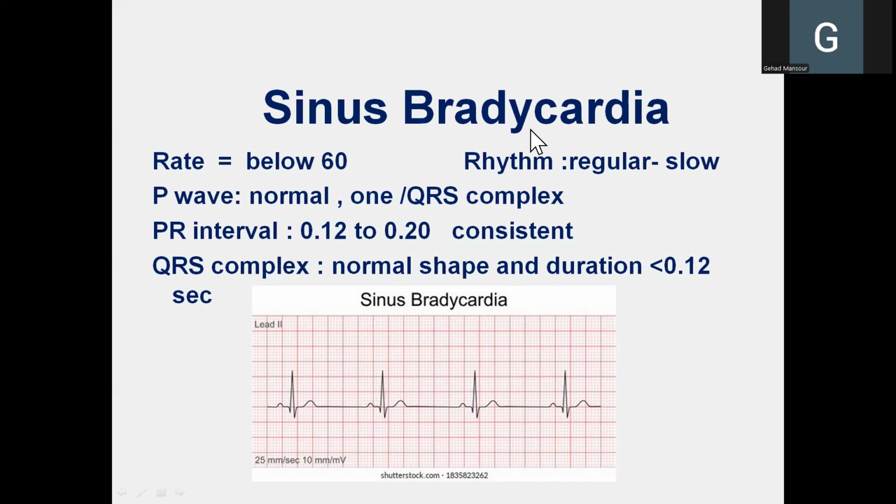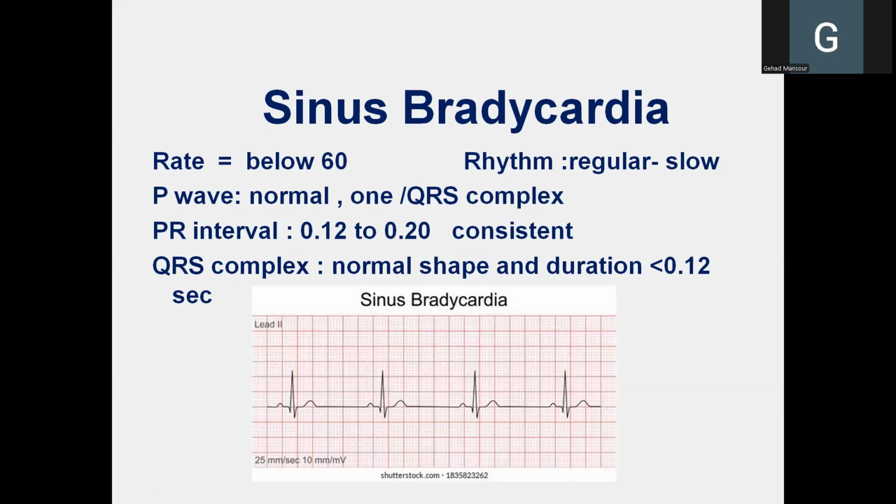And when we say bradycardia, we mean that there is a slow heart rate, slower than the slowest range of the SA node. So the rate is definitely below 60 beats per minute, and the rhythm is regular. Why is it regular? Because it arises from the sinoatrial node, because it is a sinus rhythm.